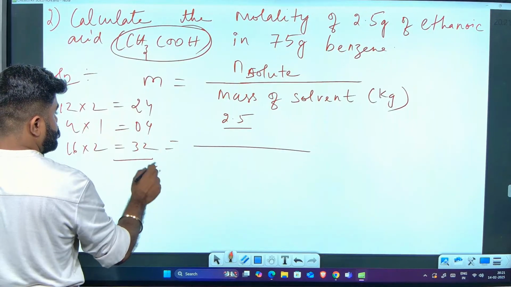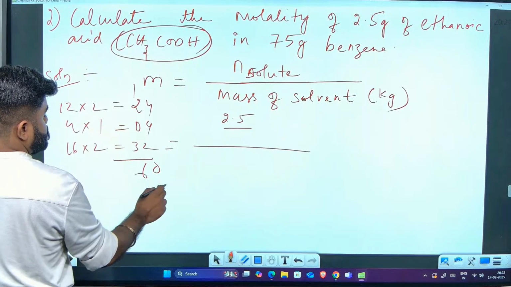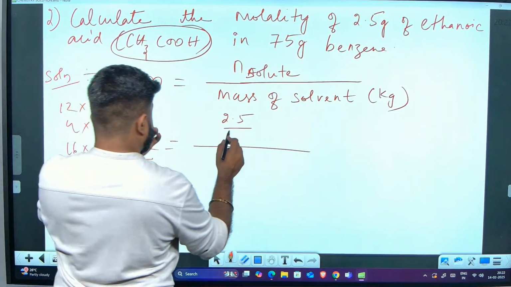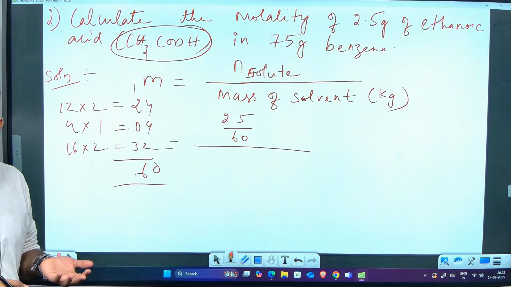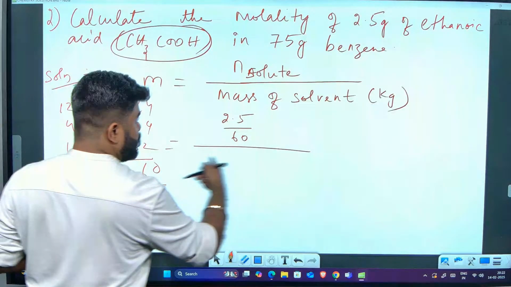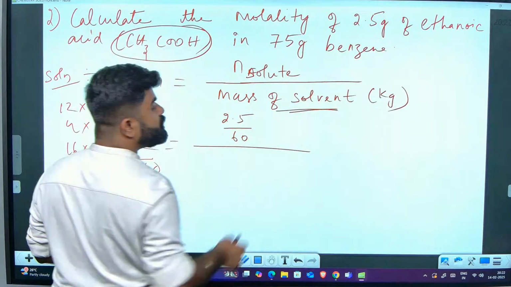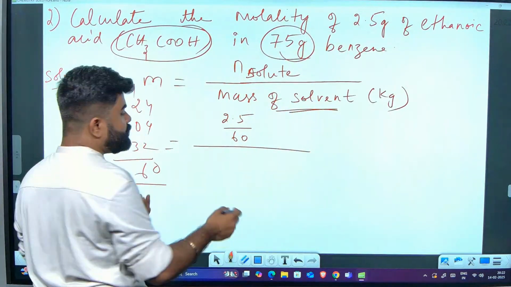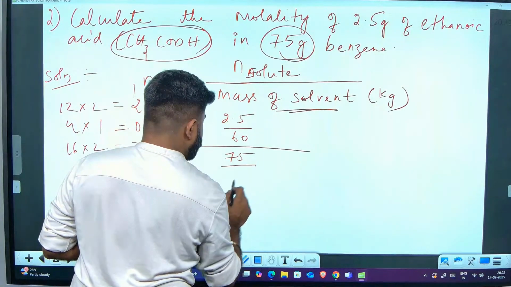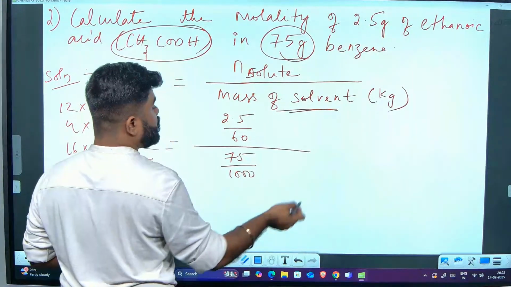How much is it? Yes, 60 grams. So 2.5 divided by 60, because 60 is the molecular mass. The whole divided by mass of solvent in kg, but here they have given in grams, so convert it by 1000. Simplify and you get the answer.